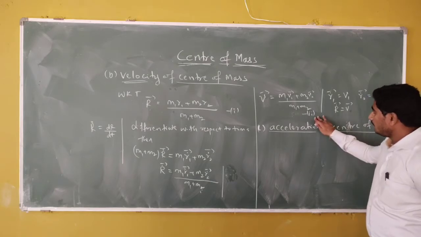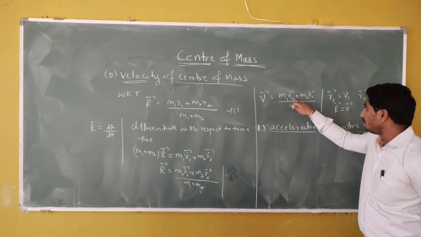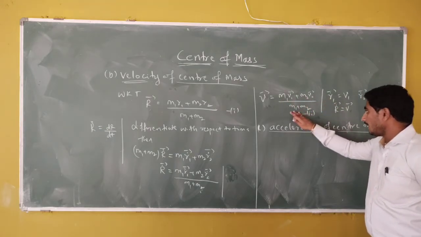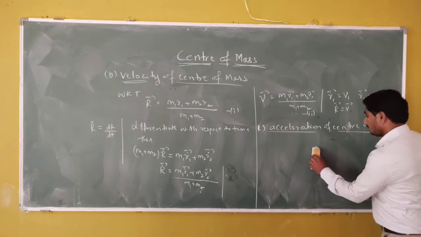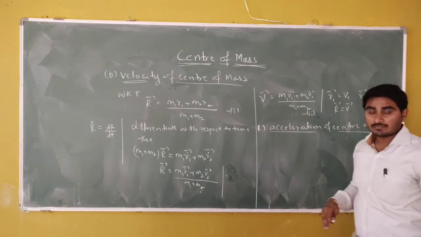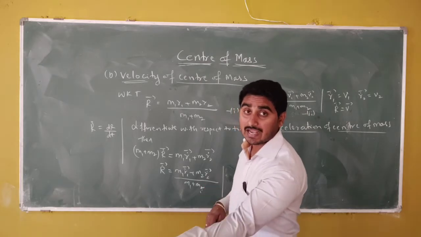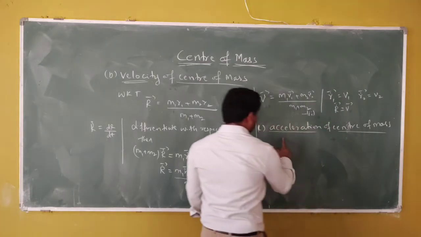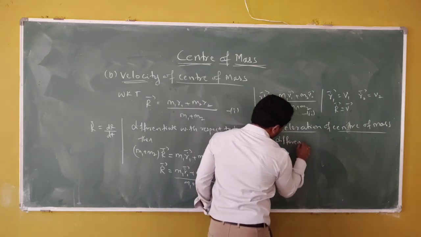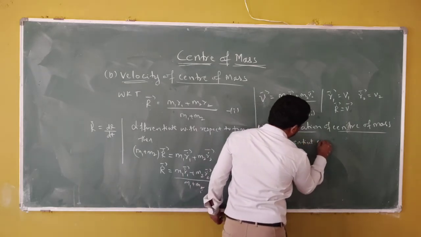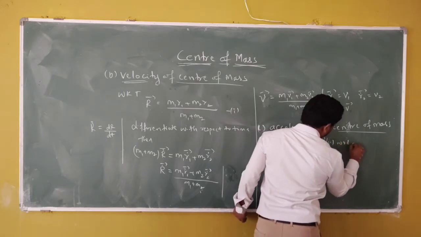We already know the velocity of the center of mass: V is equal to m1 v1 plus m2 v2 divided by m1 plus m2. Now if we differentiate with respect to time again, the rate of change of velocity is nothing but acceleration. So we differentiate equation 2 with respect to time.